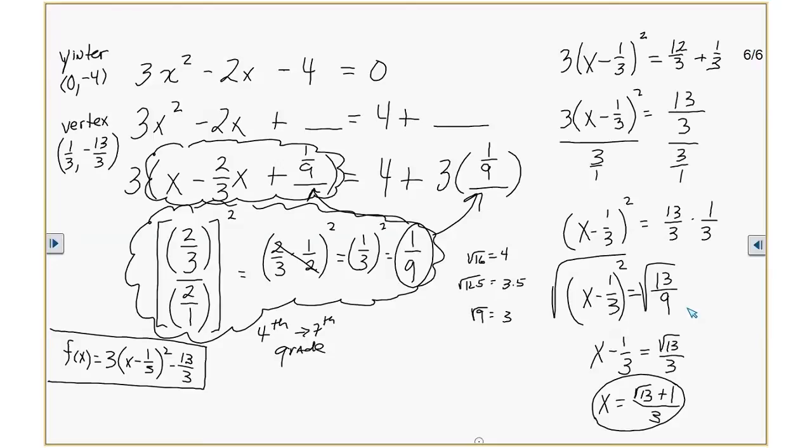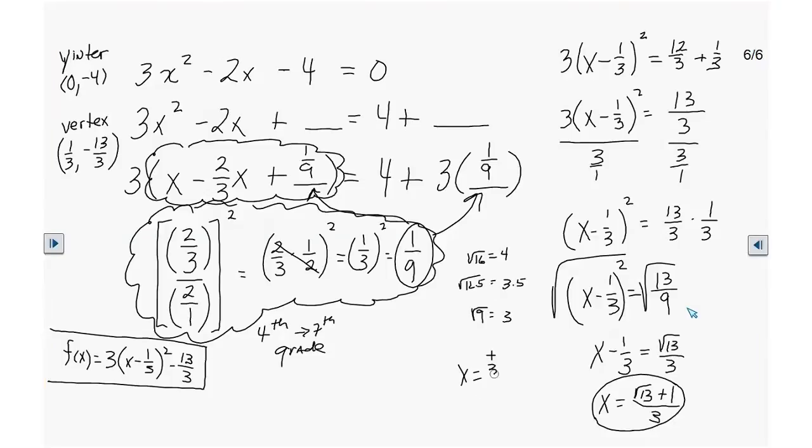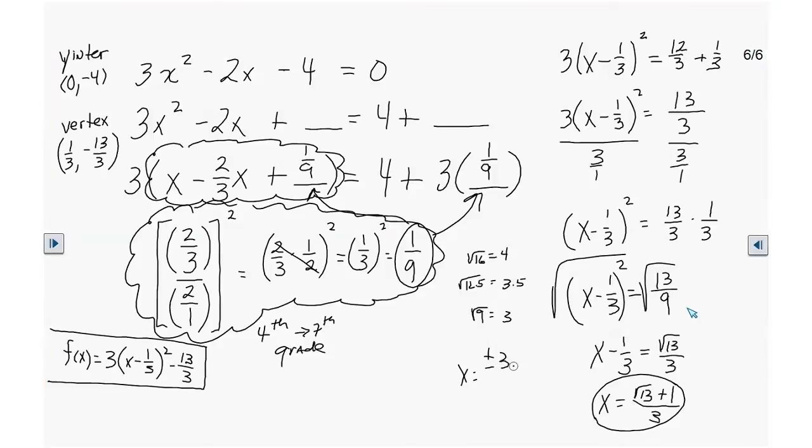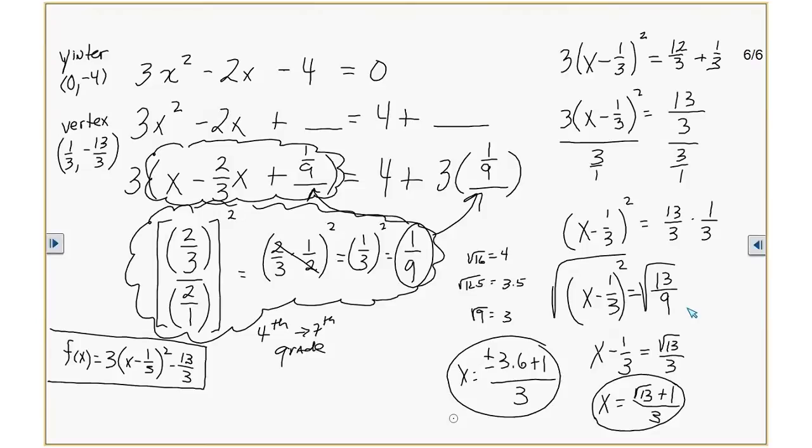So x is equal to positive or negative 3.6 plus 1, over 3. What's 3.6 plus 1? 4.6. And 4.6 divided by 3 is about 1.6, maybe 1.5. I don't really care because we're sketching.